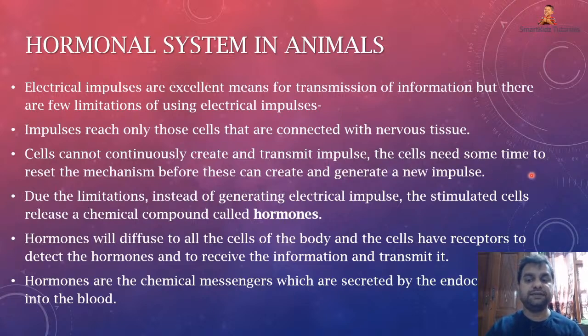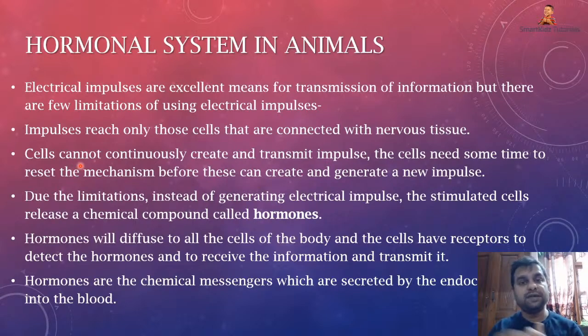The cells need some time to reset the mechanism before they can generate a new impulse. This is a limitation of the cell, and that is why we need these chemical signals, or what we call hormones.